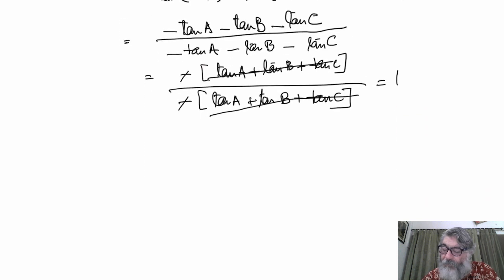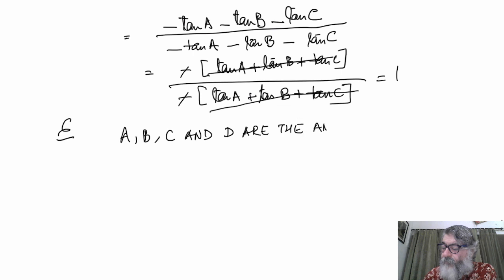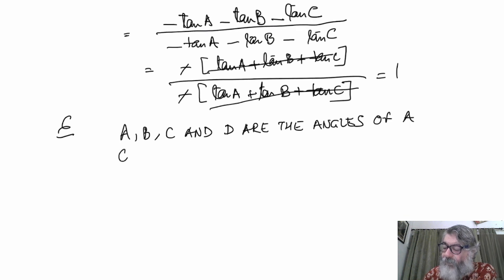Now let's do the last question for this. In the last question, A, B, C and D are the angles of a quadrilateral, a four-sided polygon.